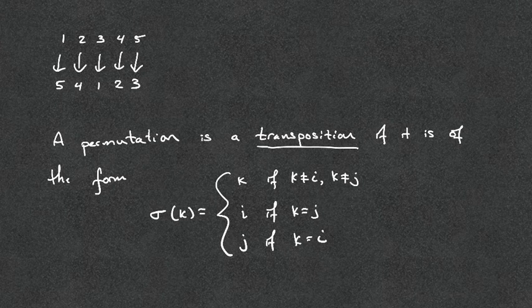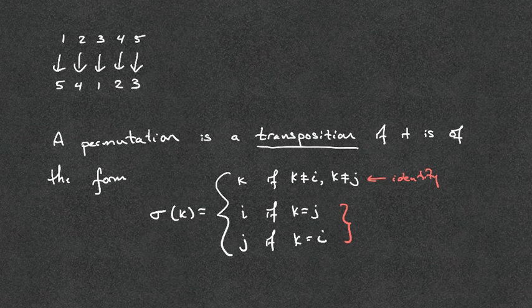So formally, it's going to have this definition to it, where if we have our input value k, as long as that k is not equal to 2 distinct values i and j, then it's going to be the identity element. So it's just going to return the values that you put into it. But on the other hand, if we put in i, it's going to return us j.